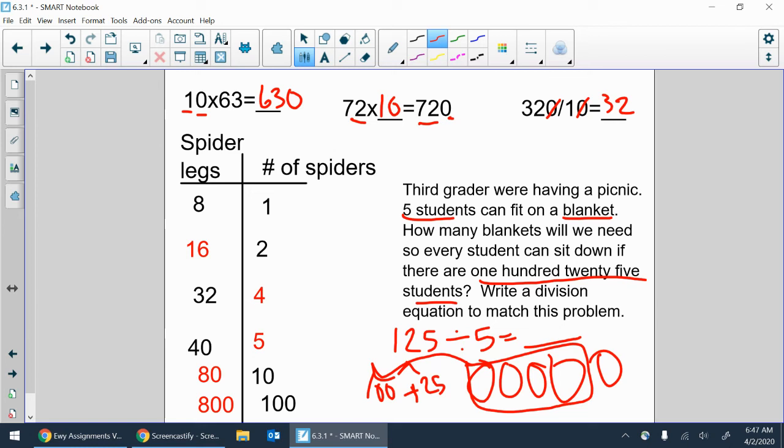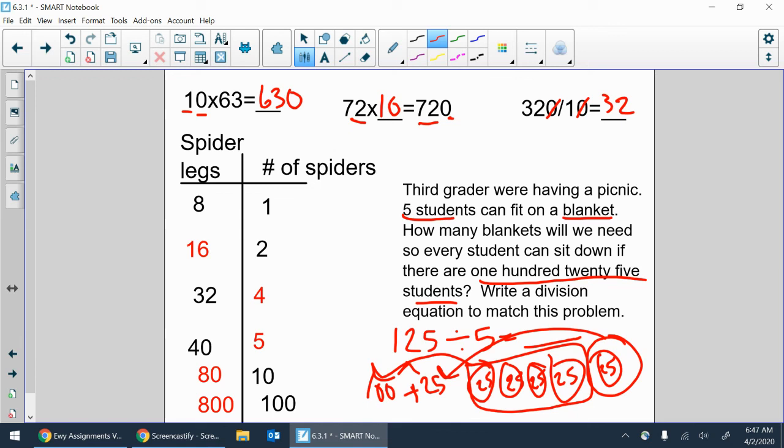And then the 25 that's left over is in the 25 of this one right here. So if I did 25s like this, that tells me there's 5 groups of 25.